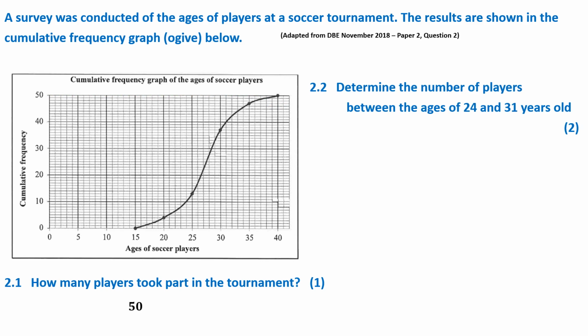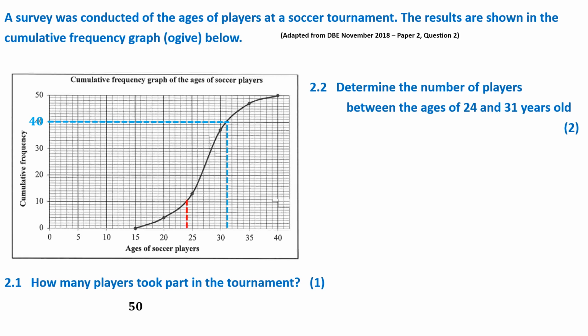How many players were there between the ages of 24 and 31? So you're going to go to your x-axis. You're going to read off the value of 31. So draw a line up to your ogive and across. And I'm going to estimate that at approximately 40. And then I'm going to find out how many players are 24 years old.